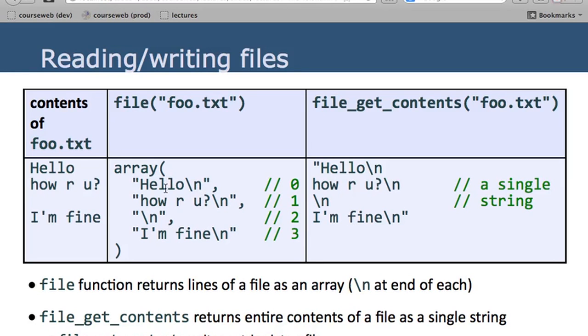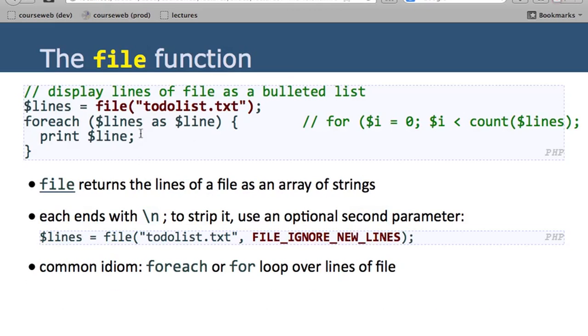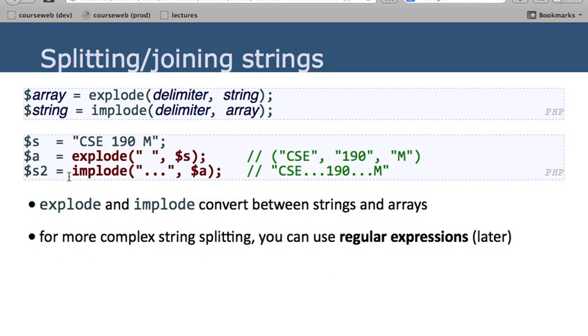For example, if we're injecting one of these elements into the name of a file, we can't have a new line in the name of a file, so we're going to have to make sure that new line is not there. One of the ways you can do that is to add an extra parameter to the file function: FILE_IGNORE_NEW_LINES. This is a PHP constant that sets a flag in the file function so that it returns everything without new lines at the end. So that's a great thing to use.